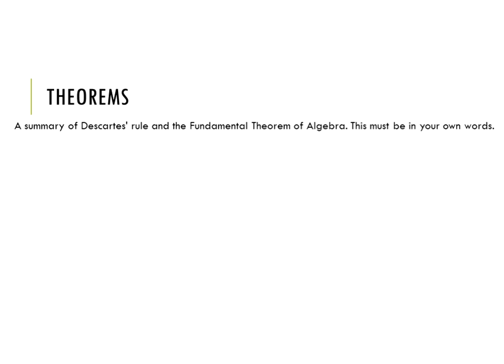All right, so we need a summary of Descartes' rule and the fundamental theorem of algebra. Let's start with the fundamental theorem of algebra because I think that one is a little bit easier to talk about. So in the chat box, just give me a quick recap of your understanding of the fundamental theorem of algebra that we talked about earlier.